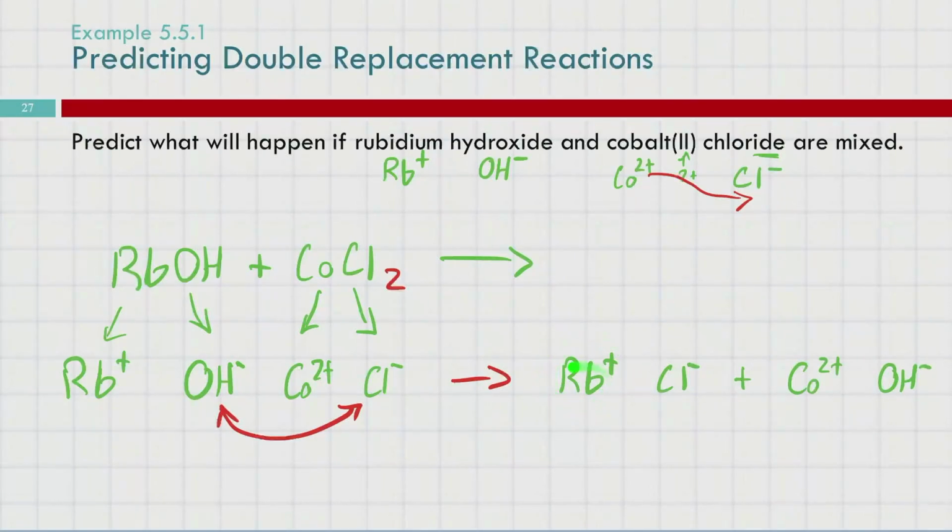So for rubidium and chloride, these will combine in a 1-to-1 ratio. So RbCl. And for the cobalt, it's a 2 positive charge. The hydroxide is a 1 negative charge. We can crisscross them to find out that we are going to have 1 cobalt and 2 hydroxides.